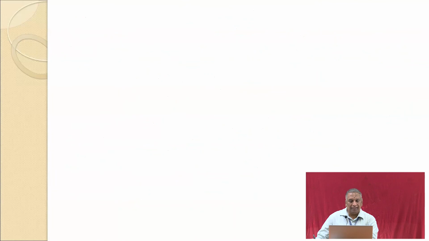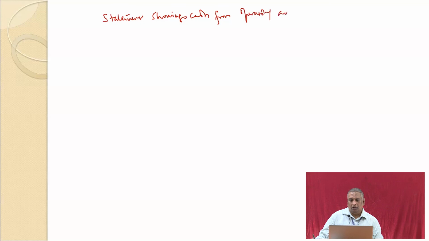Now we go to the answer. Statement showing cash from operating activities. Already we discussed the format. First we have to consider the cash received from debtors.